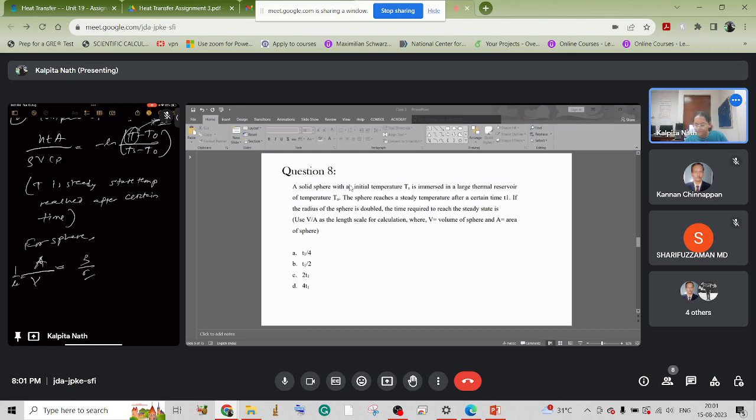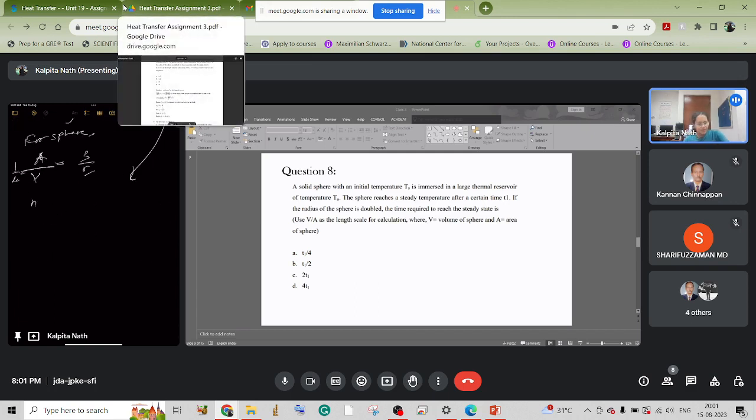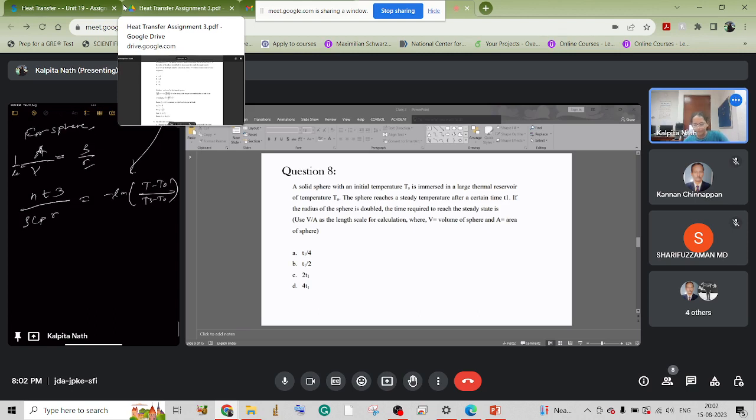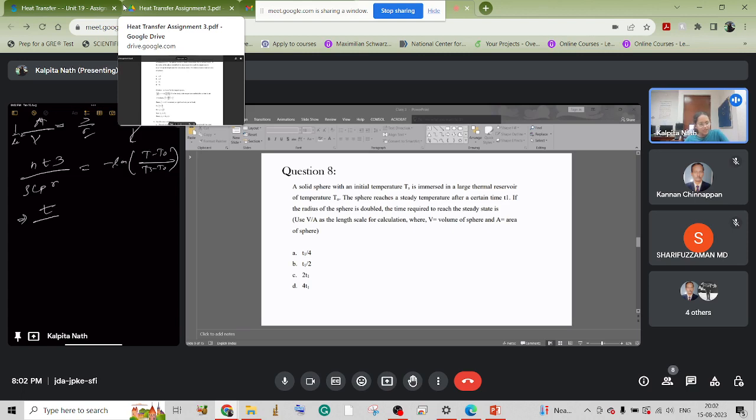Now if we put this in this equation, we get h t 3 by rho Cp R is equal to minus ln of (T minus T naught) by (Ts minus T naught), or t upon R is equal to minus ln of (T minus T naught) by (Ts minus T naught) into rho Cp upon 3h.